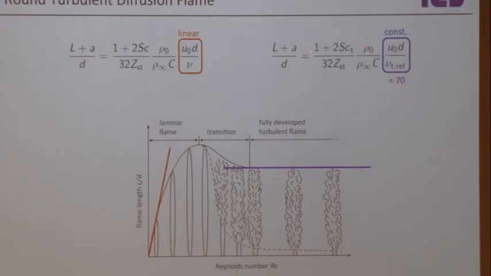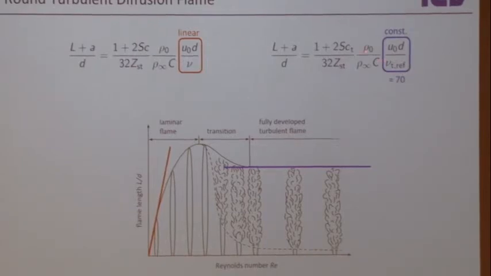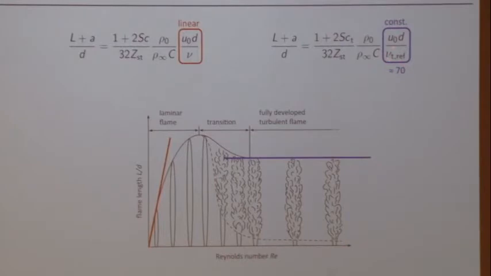And so you see, while the laminar case was proportional to the Reynolds number, once it's turbulent, it does not depend on the Reynolds number anymore. The Reynolds number doesn't appear here. It's constant. Okay? It's interesting.